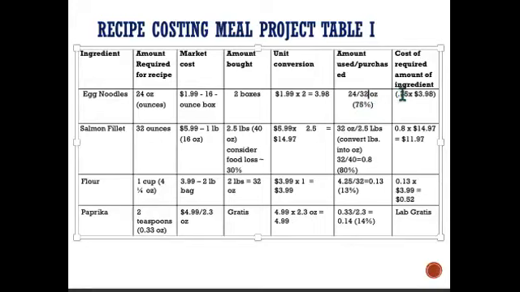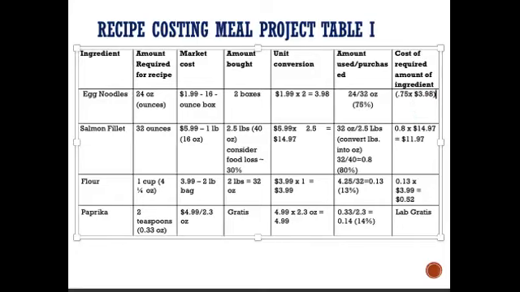So that will give you a decimal number, 0.75. You will multiply the 0.75 by the amount that you spent, 0.75 times 3.98. It will give you the amount of money that you actually spent for your food, right?